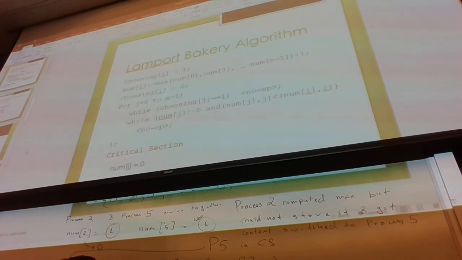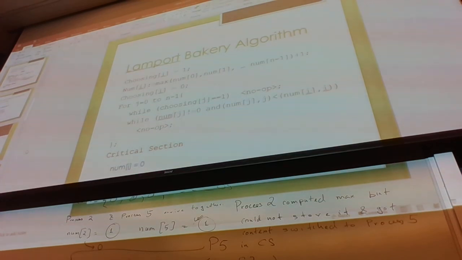So num 5, comma 5, less than num 2, comma 2, or not? So is it true or false? False. So this returns false. So it breaks on process 5.